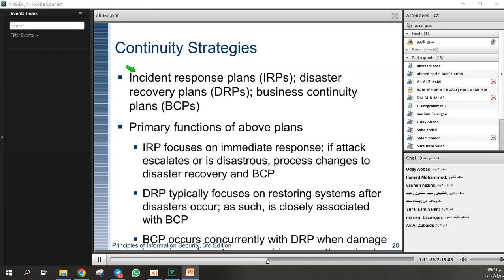And what should I do after the disaster? BCP, the business continuity plan. After the disaster, I should continue my work, my job, and my organization's objectives.